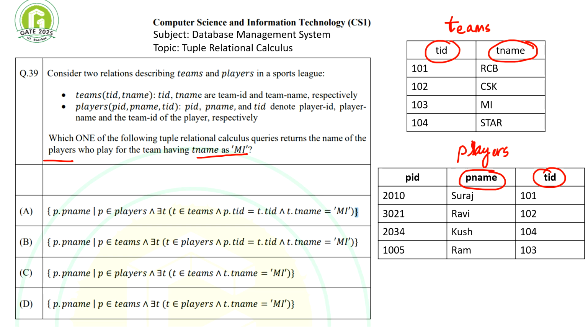Option A says you have to print p.pname where p belongs to players. Okay, p belongs to players.